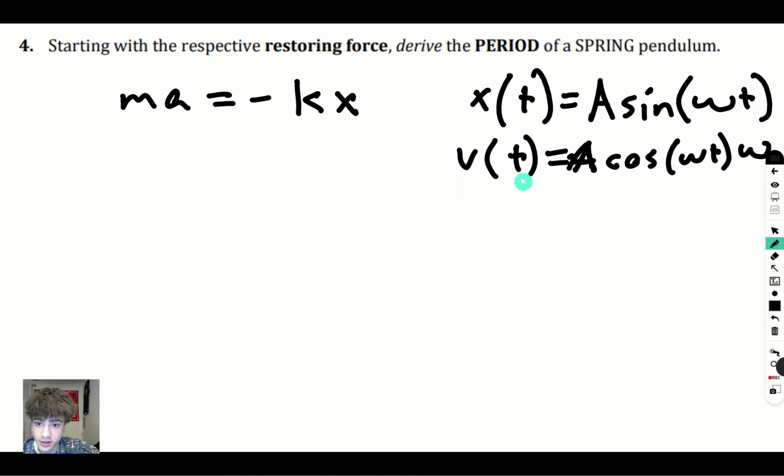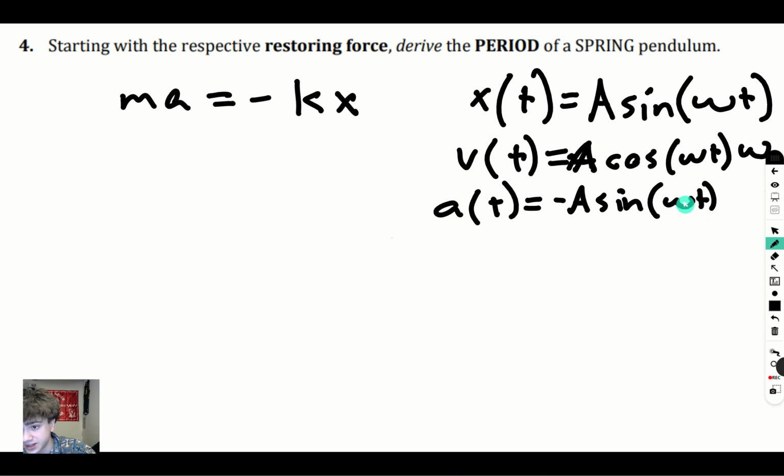And when you take another derivative, you get the acceleration in terms of time, which will give you negative a sine omega t times the derivative of the inside again, which is omega, times the omega we had from last time will give us omega squared. So our acceleration in terms of time is negative a sine omega t times omega squared.